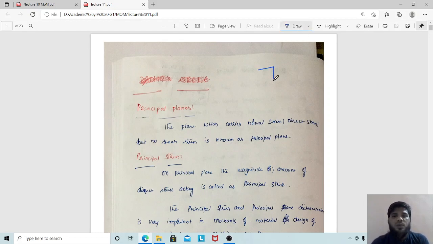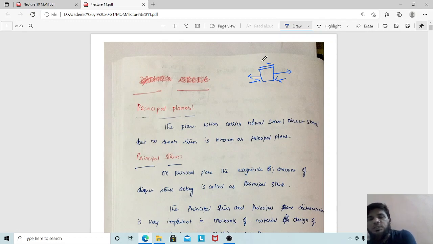If there is some object like this, if the force is acting perpendicular to the surface, either it is tensile or compressive, both the forces are normal forces. If the force is acting parallel to the surface, then we call it a tangential force or shear force.